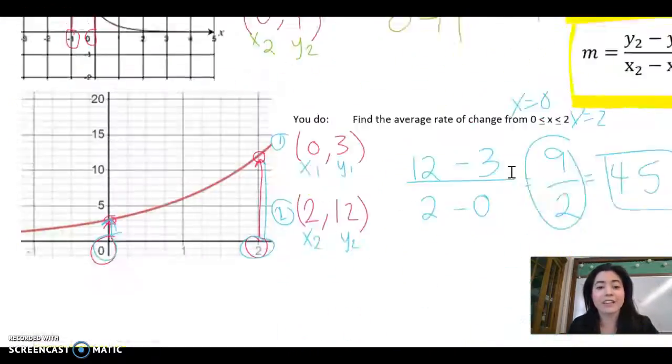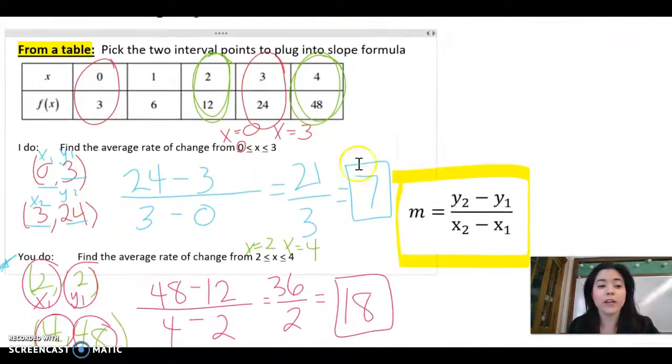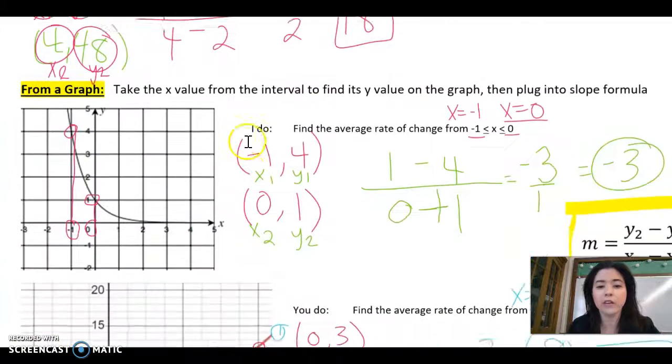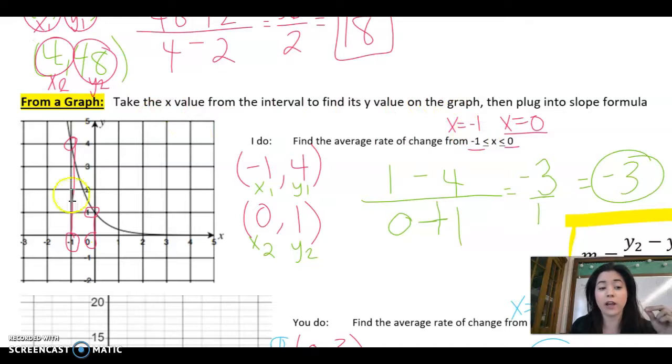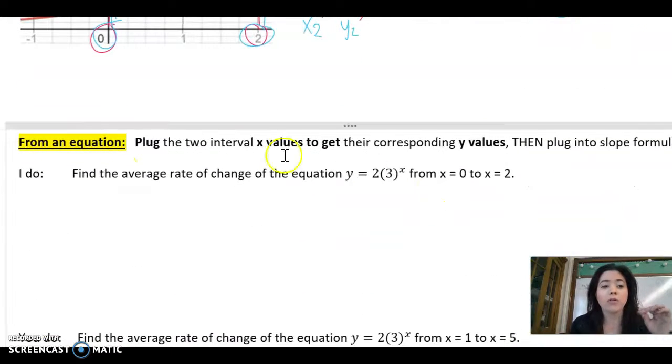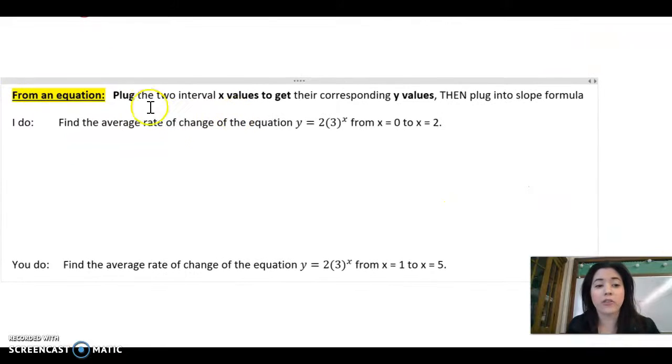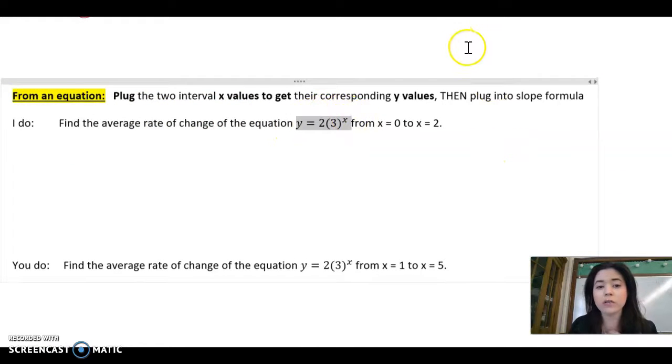All right, last one. So again, from here, it's just finding those 2 points on the table and then calculating it. On the graph, you actually have to use the x value to find the y value and then plug them in. For equations, find the average rate of change on this equation from 0 to 2.